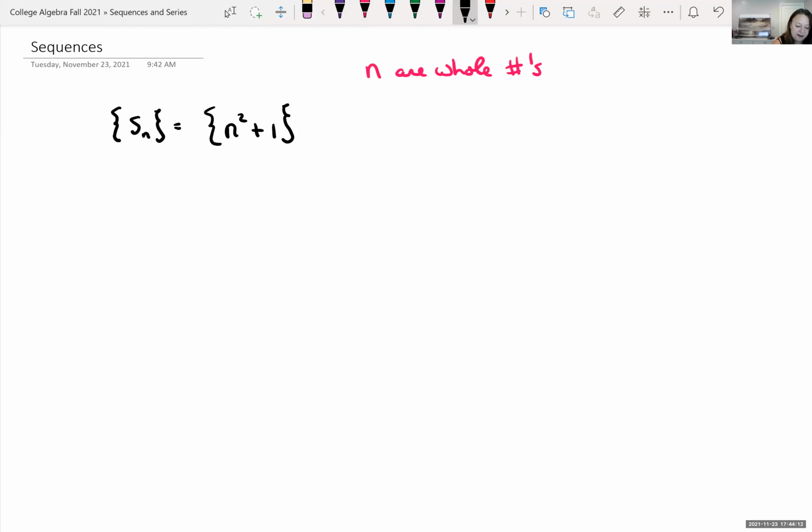If I wanted to find the first term, I would plug in 1 wherever I saw an n in this n squared plus 1. So S of 1 is equal to 1 squared plus 1, which is 1 plus 1, which is 2. This 2 is the first term in our sequence.